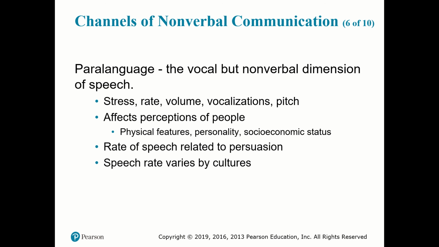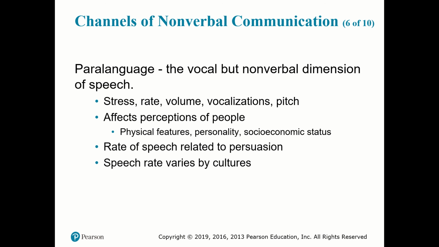Paralanguage has an effect on the perceptions that people have of you and the way you perceive other people. So when you hear a certain tone of voice or way of speaking, that helps you form your opinion of who that person is. Sometimes someone sounds big and tough by the tone of their voice. And so you attribute those characteristics to the person.